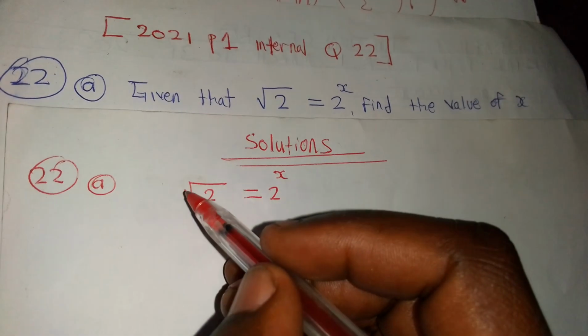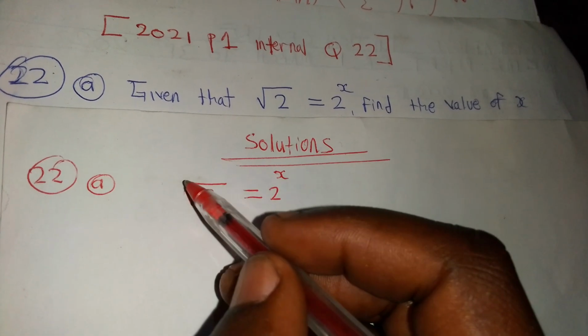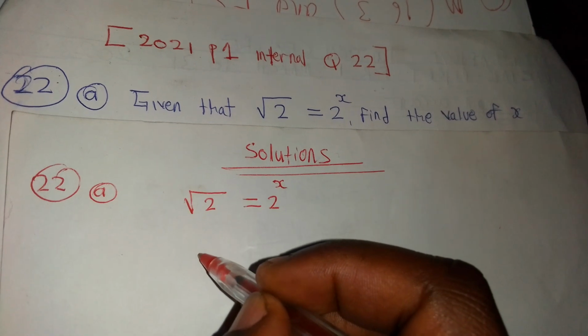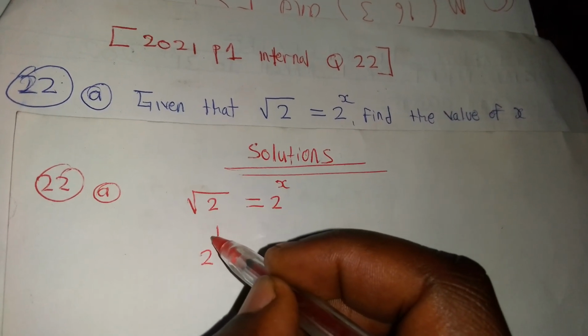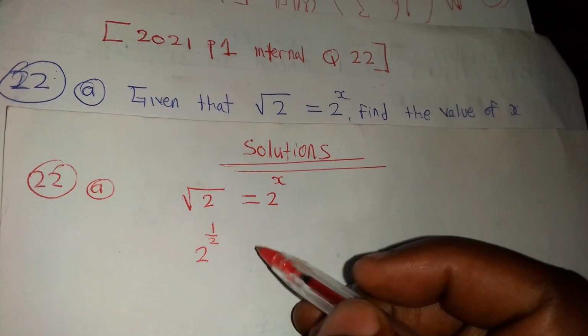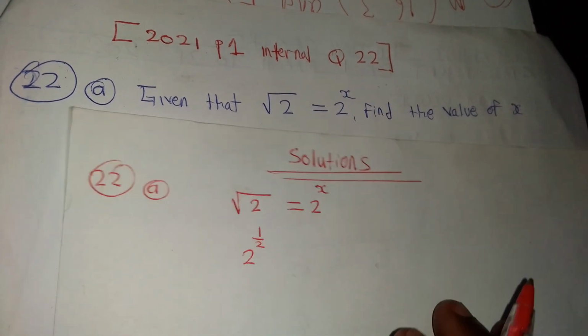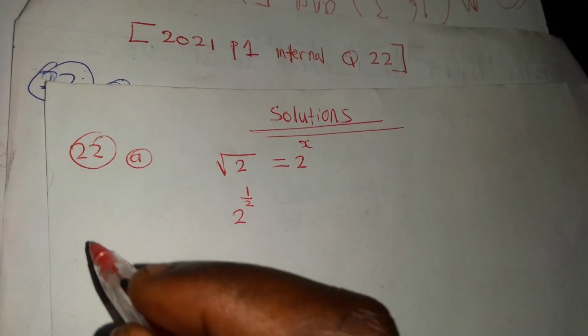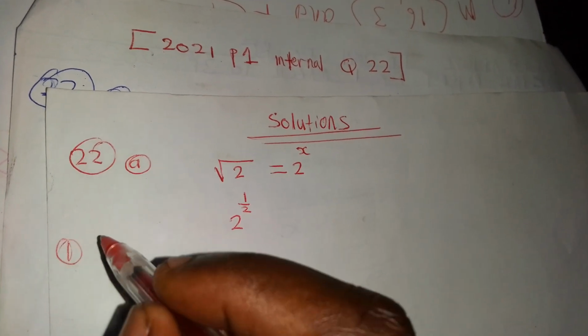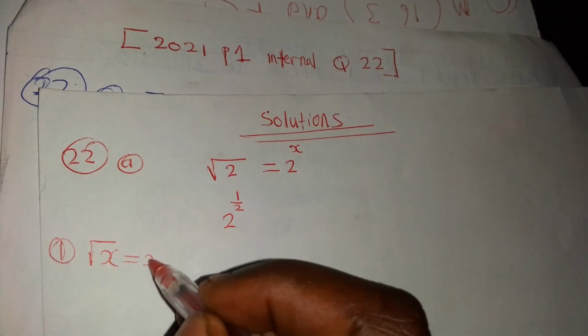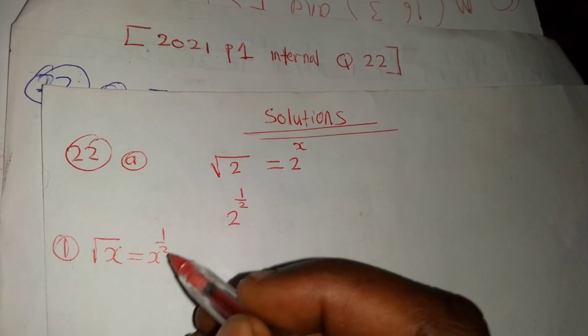Now, if you have a square root like this, it represents 2 to the power 1 over 2. Okay, so 1 over 2 is the same as the square root. Now, you have to recall the rules of indices. For example, if you have a square root of x, this means x to the power 1 over 2.